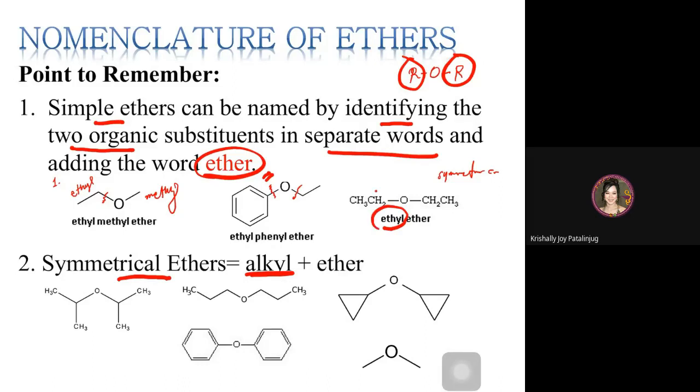Sa duha ka side ethyl, parehas. So ethyl ether. Meaning ang duha niya ka R group, puros ethyl. But there are times nga, gusto din nila isulat diethyl ether. It's okay. Okay ra gyapon. Diethyl, meaning duha ka ethyl sa duha ka R groups.